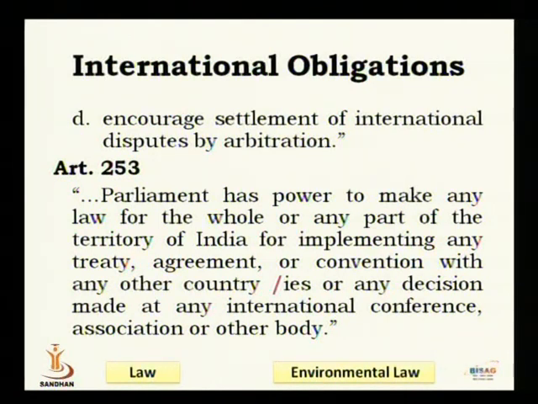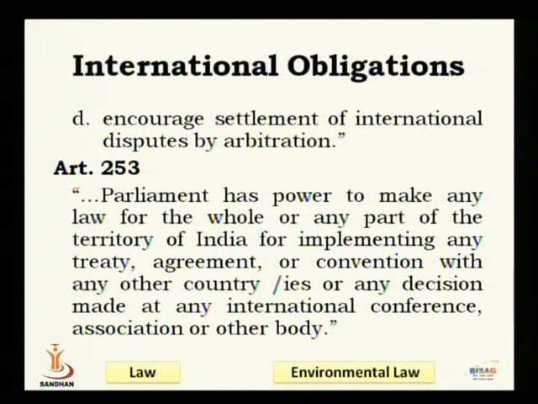or any decision made at any international conference, association or other body. To explain this provision, I would like to state the provision of the 3 lists. Parliament can enact any act relating to subjects enumerated in the Union list. Parliament does not have authority to enact a law relating to matters enumerated in the state list.